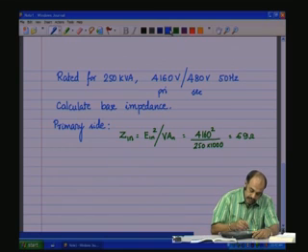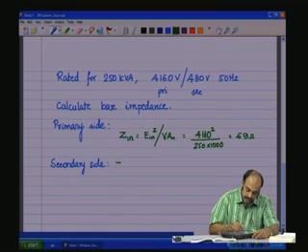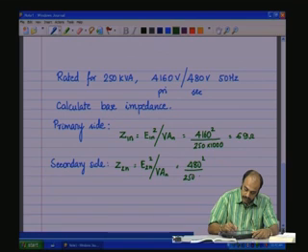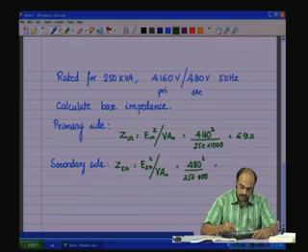Now, for the secondary side, the base impedance Z2n is the secondary nominal voltage square by VA nominal, which is 480 square by 250 kilo VA, which is around 0.92 ohms.